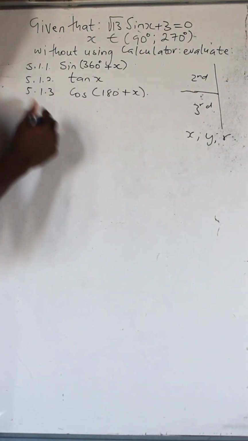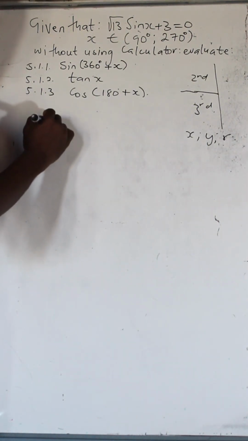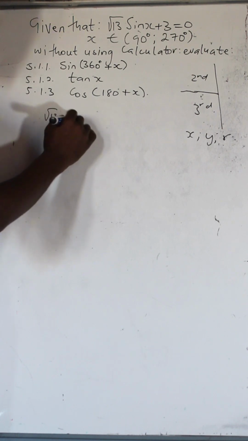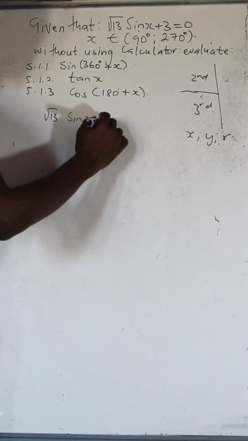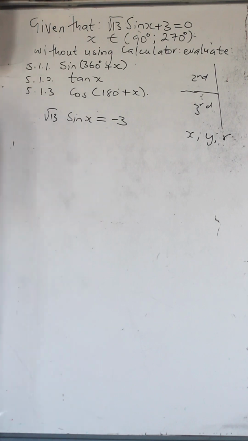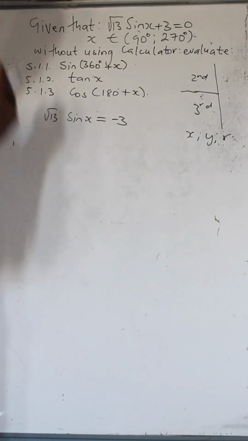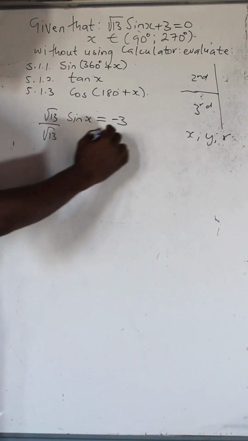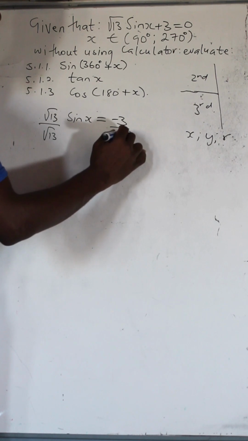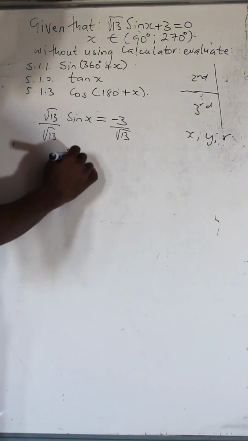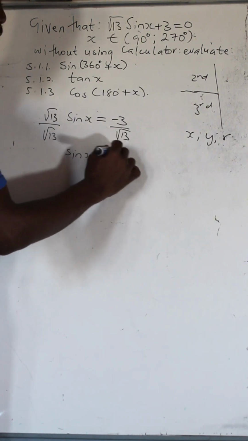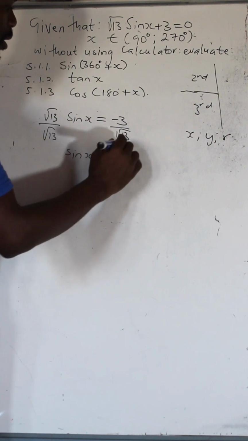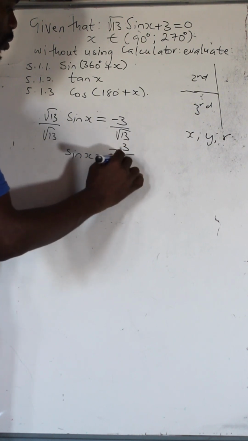To do that, we'll say root 13 sine x will be equal to negative 3. So we take the negative 3 to the other side. So then we'll divide both sides by square root of 13. Then the sine of x will now be minus 3 over root 13.